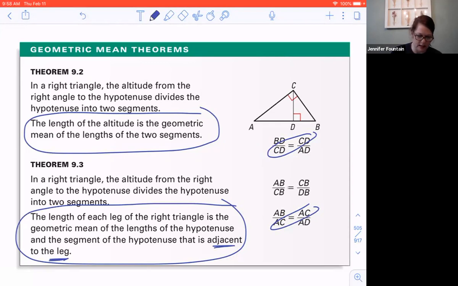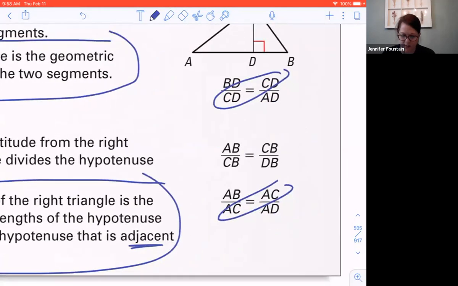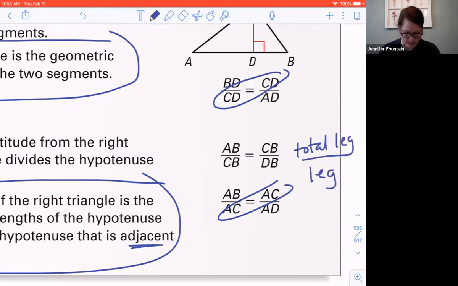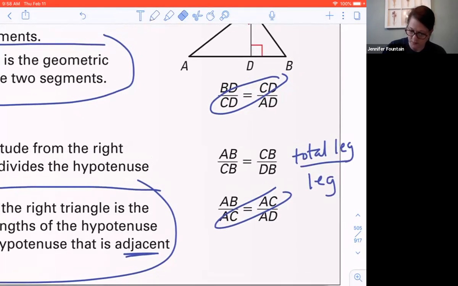So let's see. Basically, in this one, I wrote myself a note that you may want to put over here. It kind of helps me instead of saying AB over CB, because whenever I work with it, I may actually see different letters. So one of the notes I've written myself here is going to be the total leg over leg. Let me write a little bit.